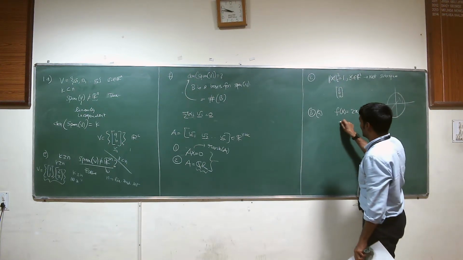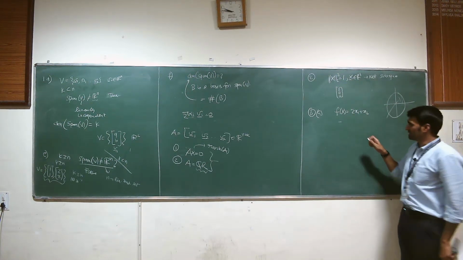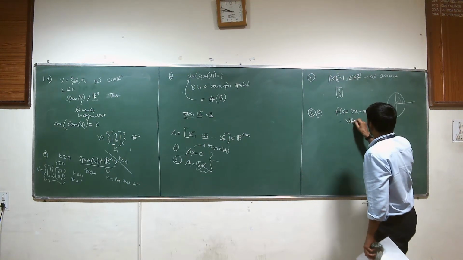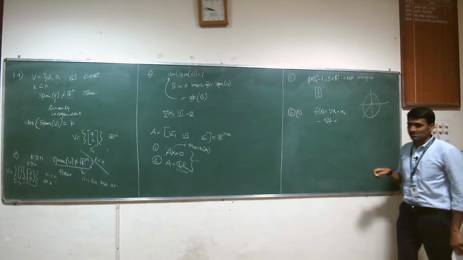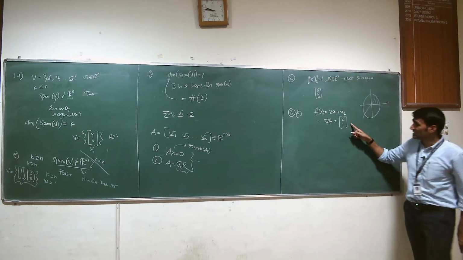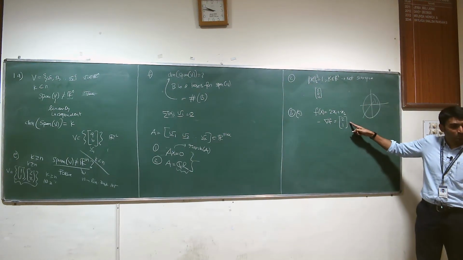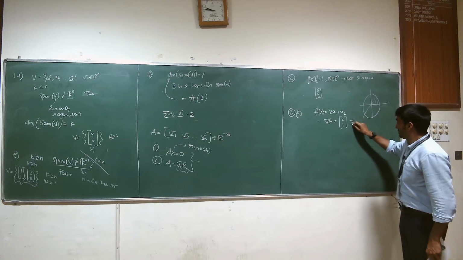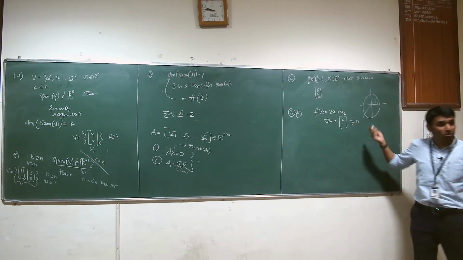What is the first thing you test? Yes, what is the gradient of this? And this is independent of x. That means it never goes to 0. This is already not equal to 0. So this does not have a minimum.